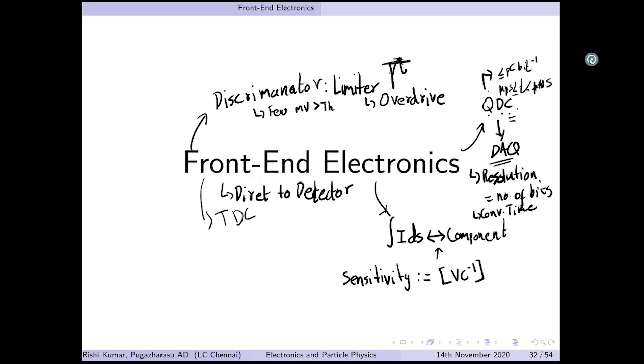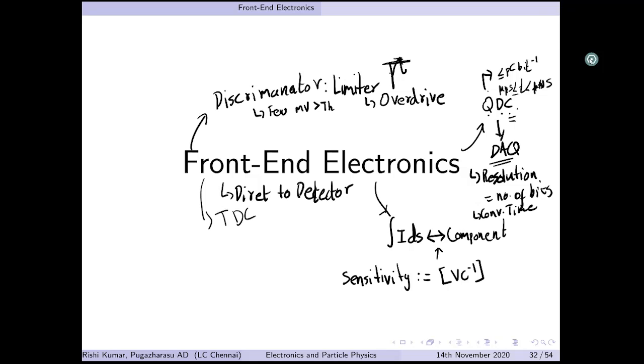An interesting fact about TDCs is that they can have multiple channels. They can be common start or common stop for a set of signals, depending on how you configure the channels. The typical sensitivity is similar to QDCs, around a picosecond per bit, and the conversion time can range from nanoseconds to milliseconds.